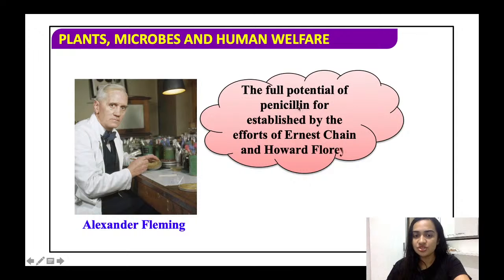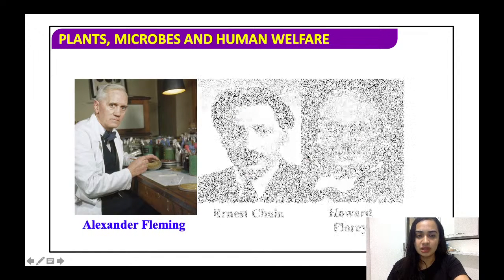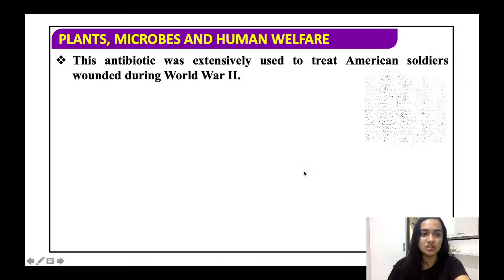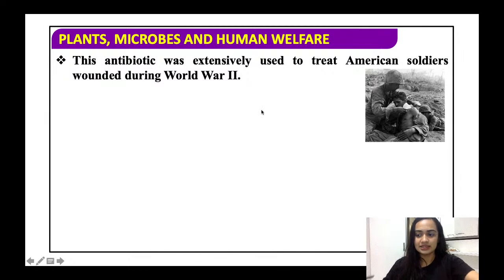The full potential of penicillin was established by the efforts of Ernest Chain and Howard Florey. So another two scientists are involved. These two, Ernest Chain and Howard Florey. So yes, this is again given in your NCERT that these antibiotics were widely used during World War II and even during the outbreak of plague.